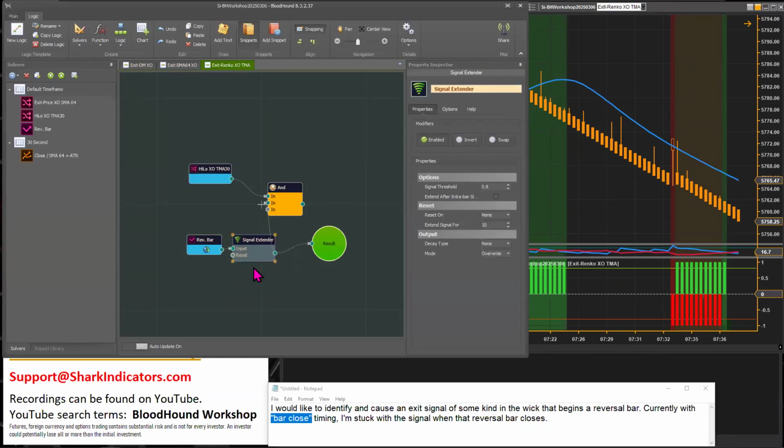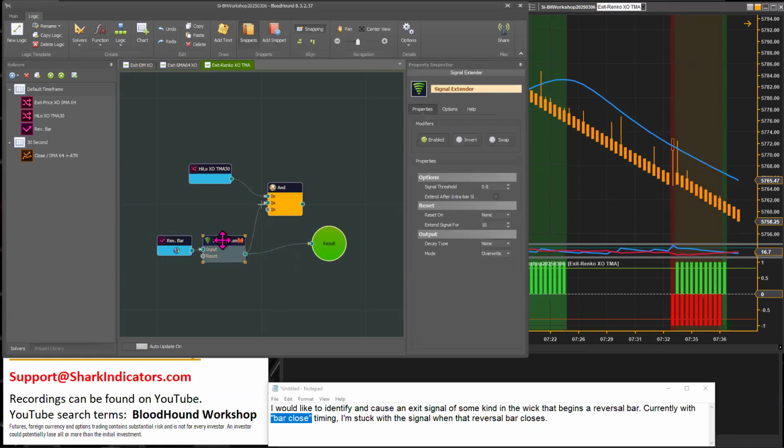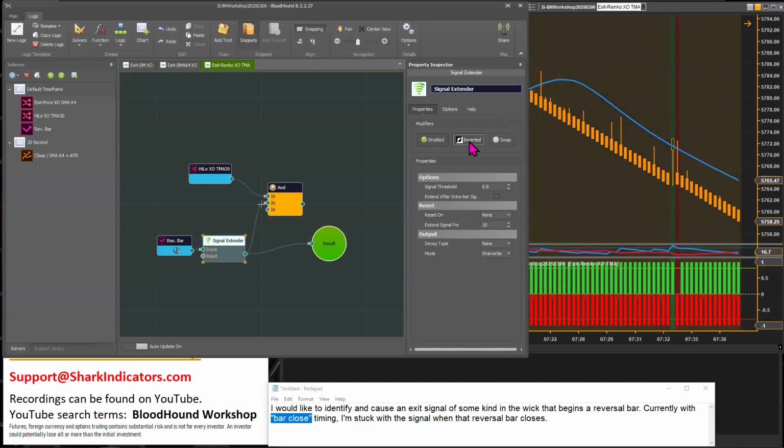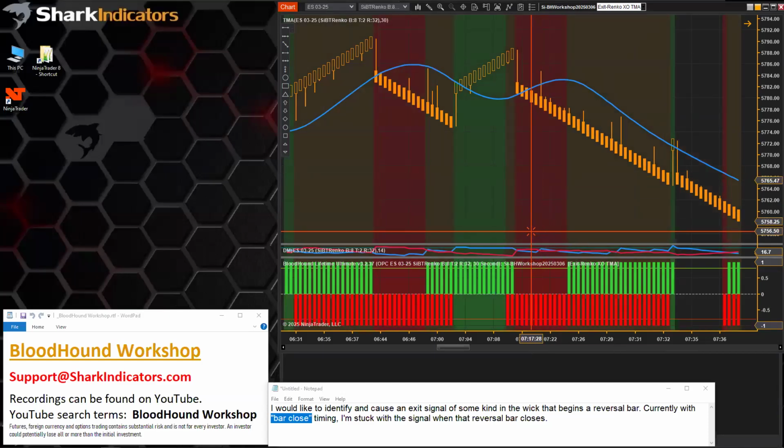So with our signal extender, oops. You have to make sure you only have one node selected here, and then hit the invert there. And again, let's refresh this. There we go. So now we have that absence of a long output.